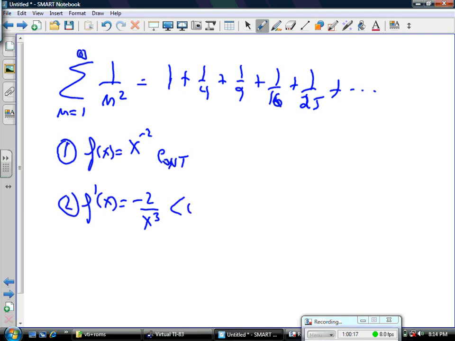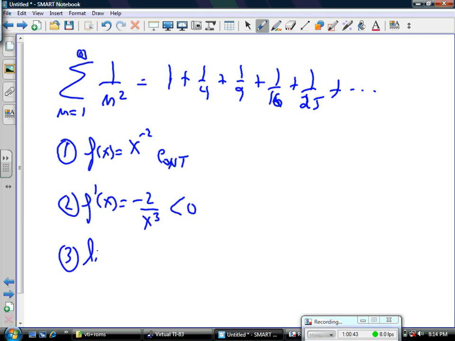Is that always negative from 1 to infinity? Or if not always, for infinitely many numbers from 1 to infinity. It doesn't have to be 1 to infinity. It could be 5 to infinity. Is this always negative for these numbers? It is, because this is negative, and this is just whatever sign you started off with. They're positive. If x is positive, x cubed is still positive. So this is negative. Good. It's continuous. The derivative is negative, so the function is always decreasing.